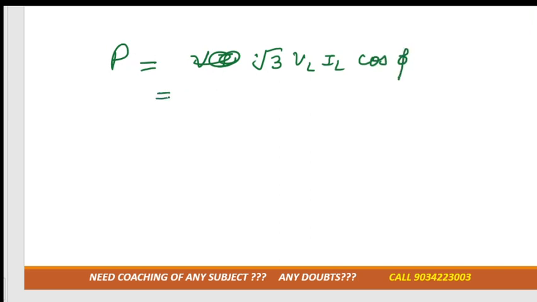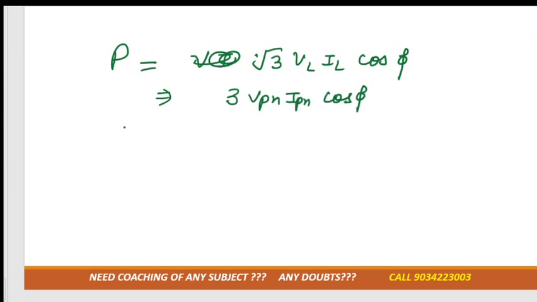Next they are asking about the active power, reactive power and apparent power. For active power we have the formula root 3 VL IL cos phi. If I want it in terms of phase, then it would be 3 VPH IPH cos phi.